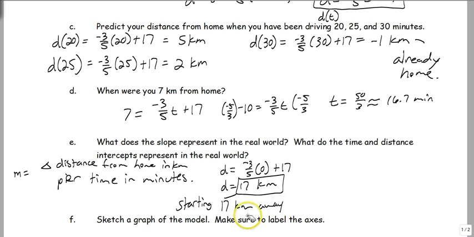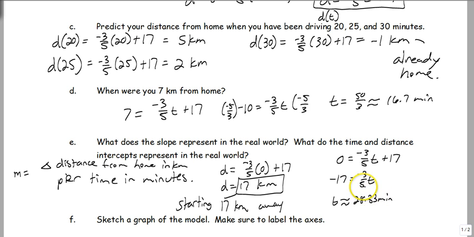Starting 17 kilometers away. Now let's think about the time intercept. So now I'm going to set d equal to 0, and I'm solving for t. And when you solve this, and again you can use your calculators, you should get t is approximately 28.33 minutes.